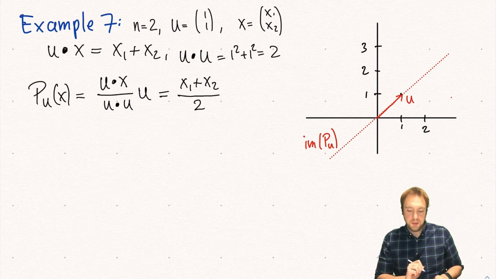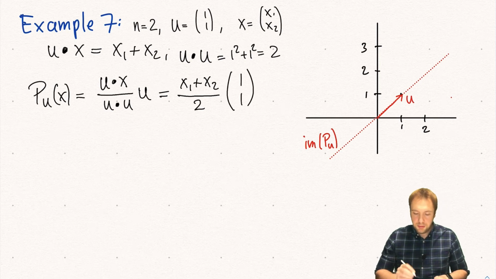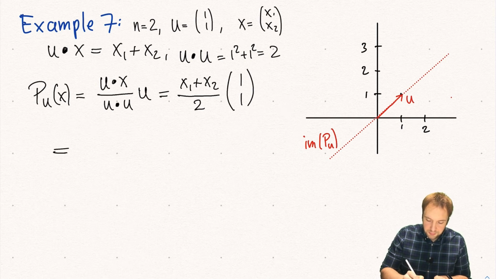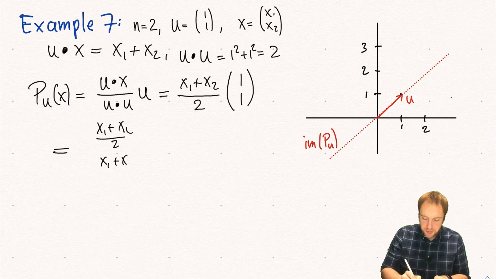So it's (x1 plus x2) over 2 times a vector, and the vector is u, which is (1, 1). And therefore this gives the vector ((x1 plus x2)/2, (x1 plus x2)/2).